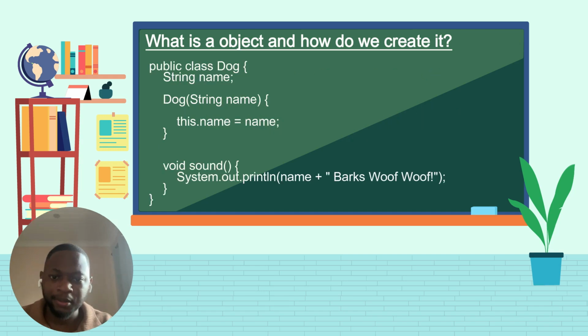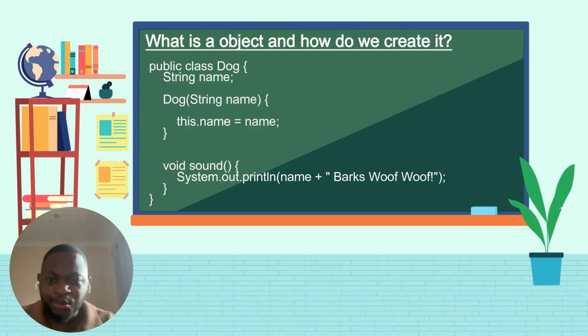Okay, so this is a dog class. We try to have a dog object. What are the characteristics of a dog? A dog usually has a name, so that's why we have the name attribute right there on top. Secondly, we have the dog constructor, where we pass in the dog name and create the dog object.